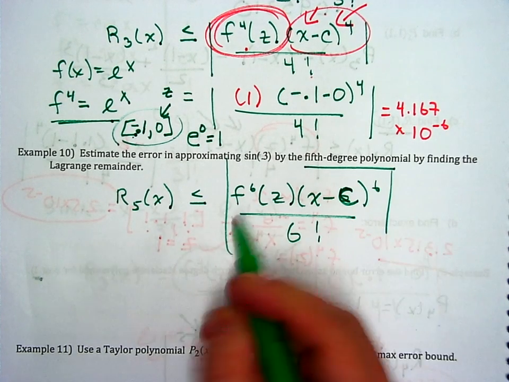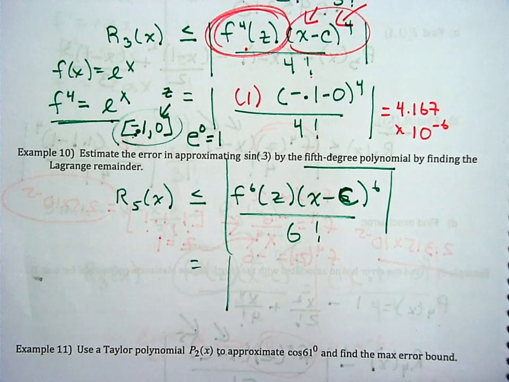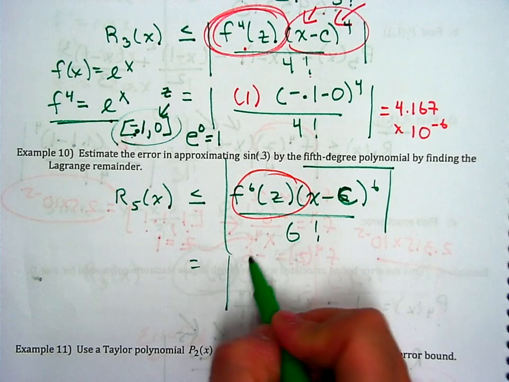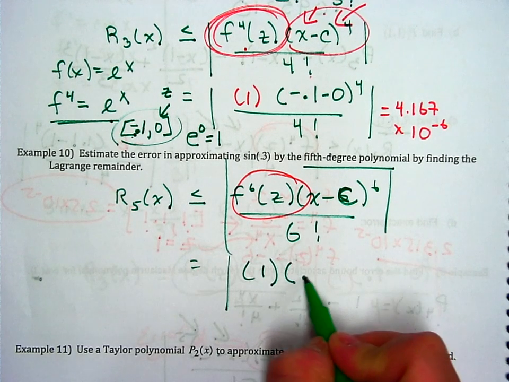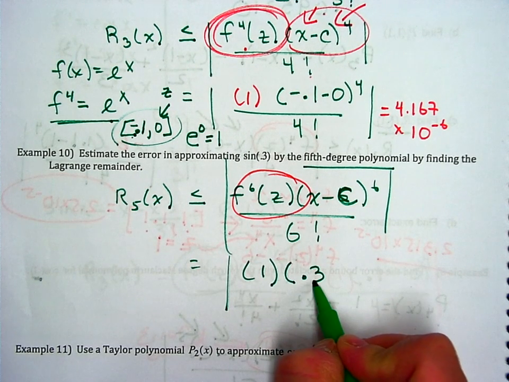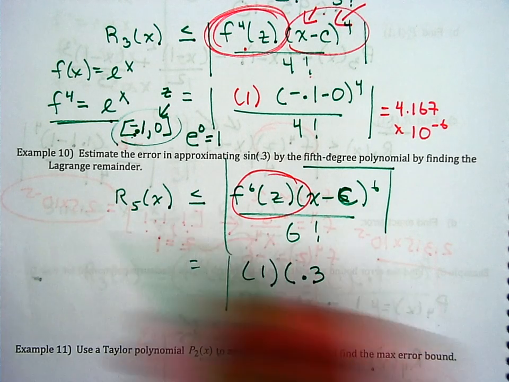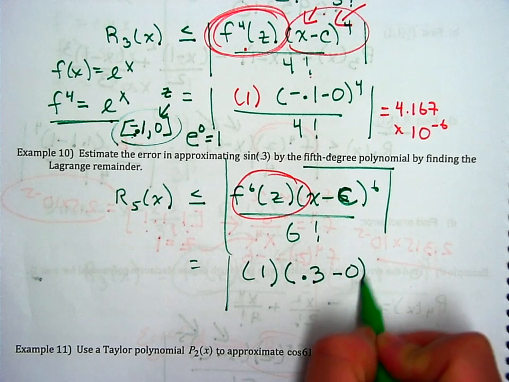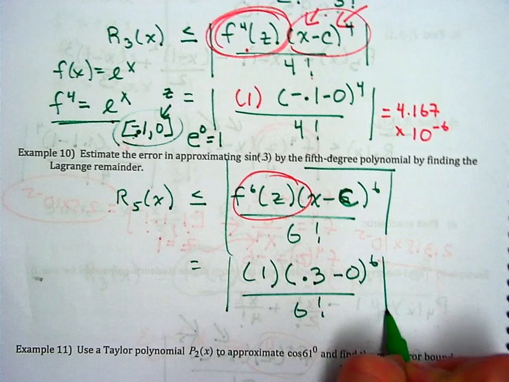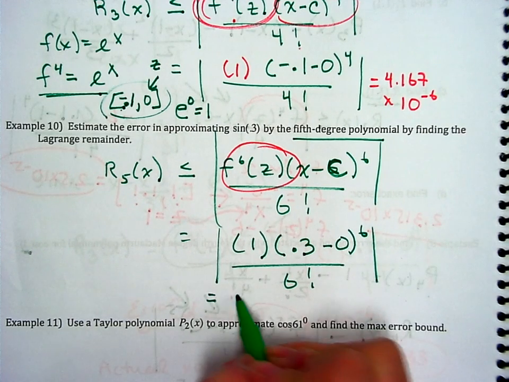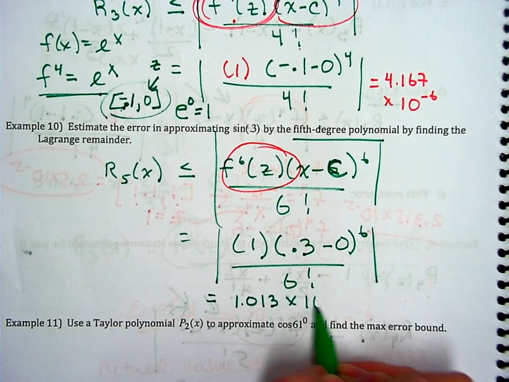Okay, let's plug in all the pieces that I know. We're talking about a sine function, so this will be 1. X in this case is 0.3. It does not tell you what it is centered at. Let's just say it's a Maclaurin, so let's make this 0. So that's my error bound. Punch it out in your calculator, give me scientific notation. This is your maximum error bound.